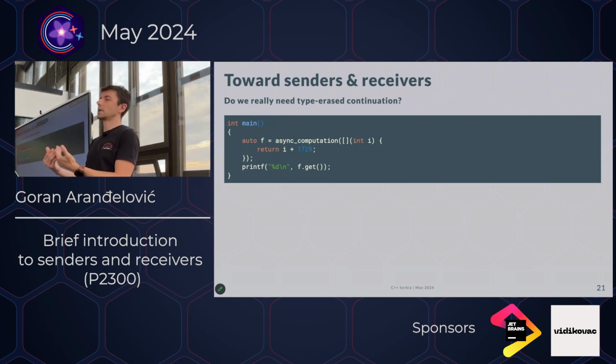Because nowadays, you maybe want to execute something on CPU, but part of the task graph you want to execute on GPU, right? And you want to unify these worlds, right? So you don't want to deal with the exact execution. You want to deal with your task graph, and then later on decide which parts can be executed, let's say, on CPU, and which parts are maybe better candidates for GPU. So, yes?